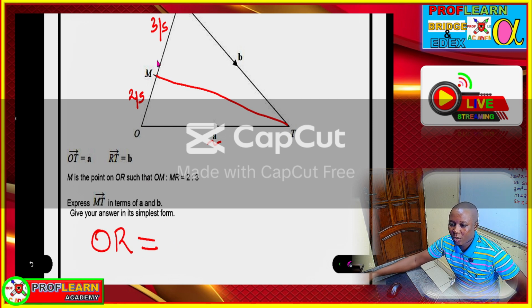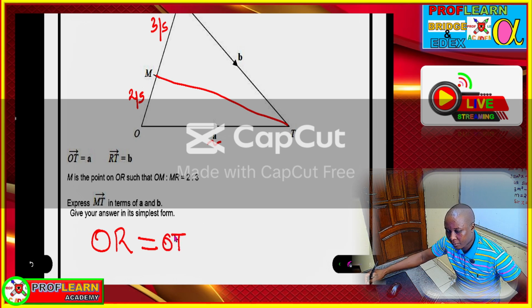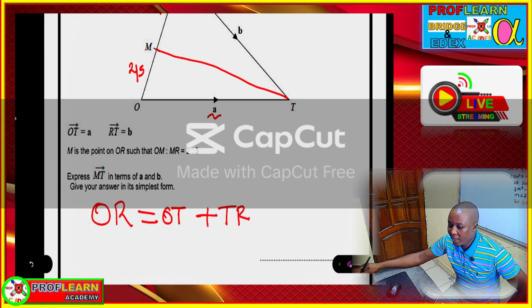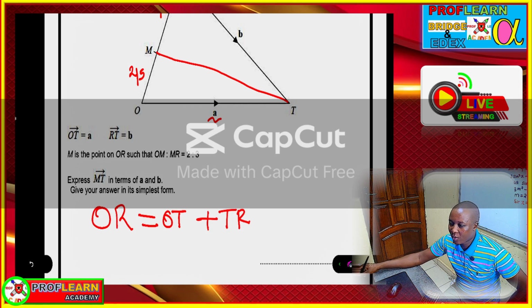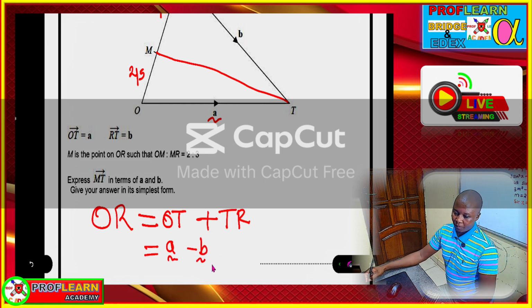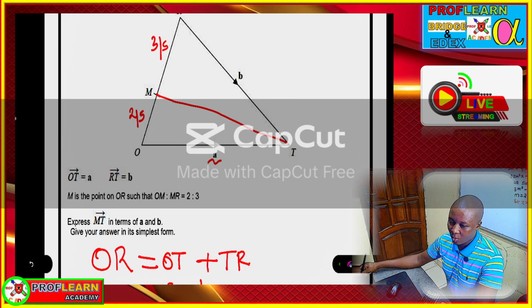O to R, you are going to move from O to T plus OT to R. But whenever you are going from T to R, you are going against the arrow, so our OR will be vector A minus vector B. So we now know what OR is.